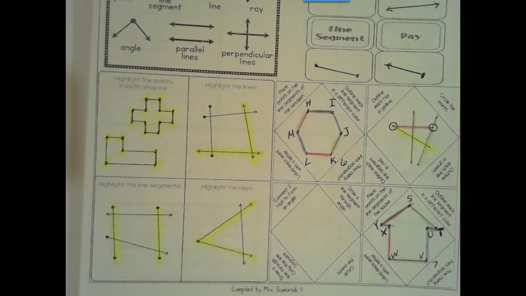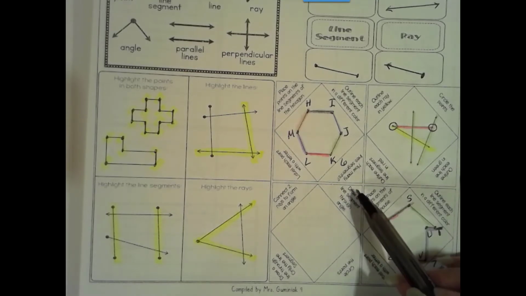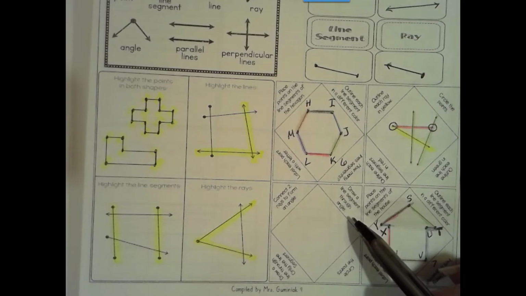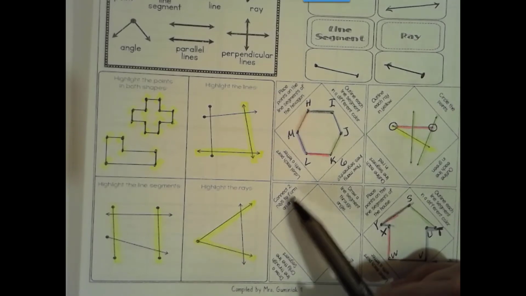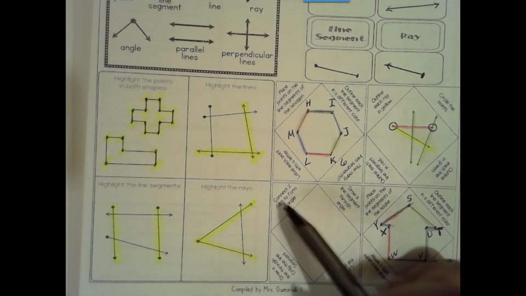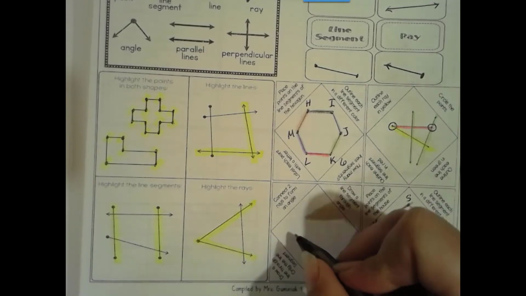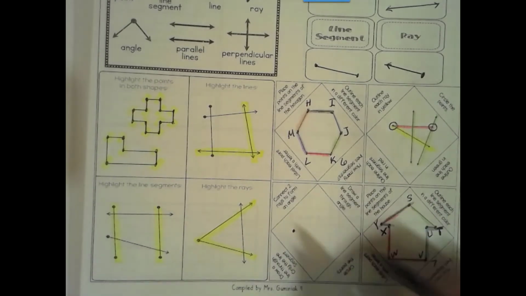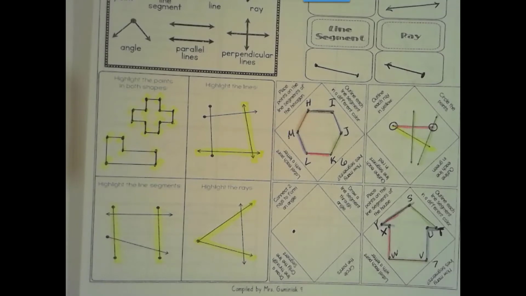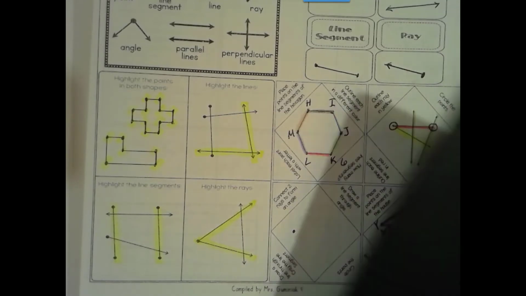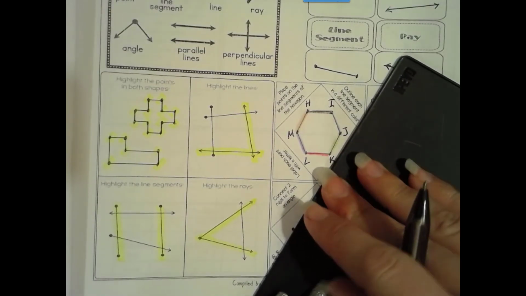Okay, this one we have to draw. Connect two rays to form an angle. Let's start there. So we need a point, an endpoint. And from that endpoint, we're going to make two rays.